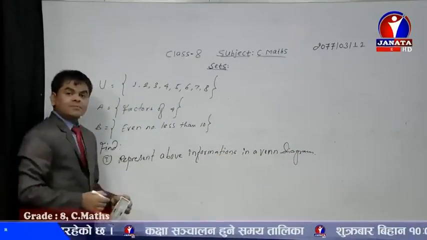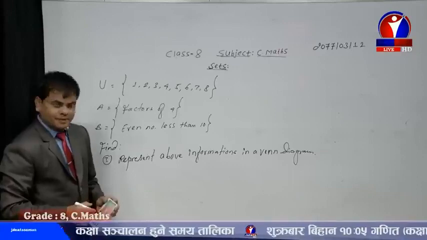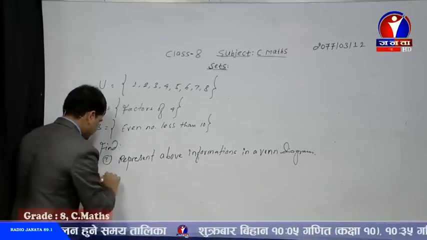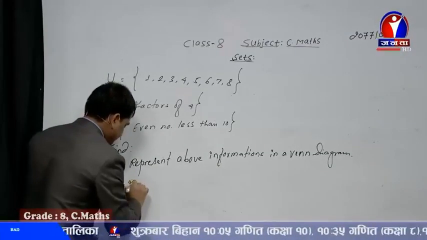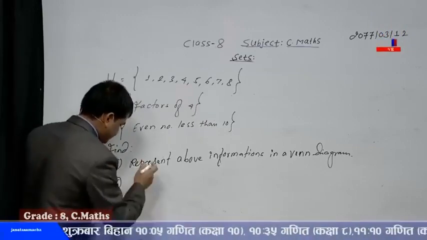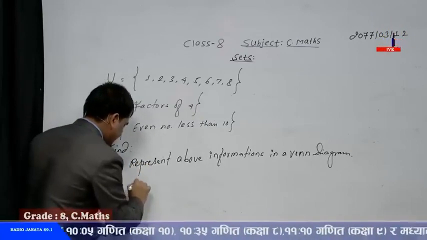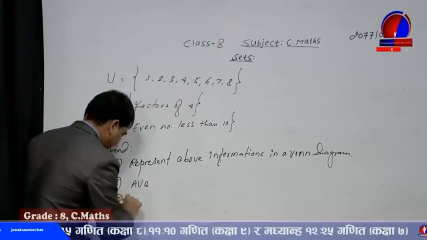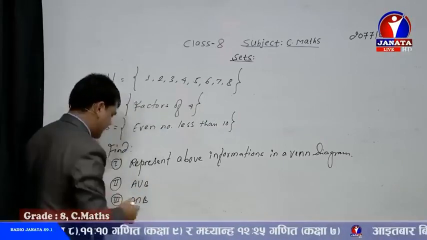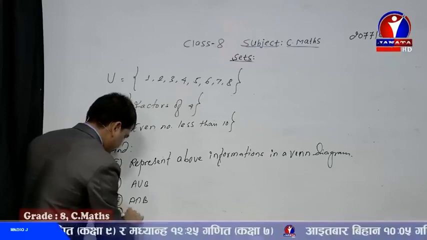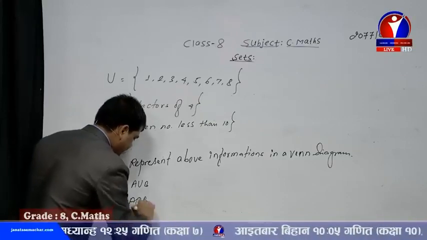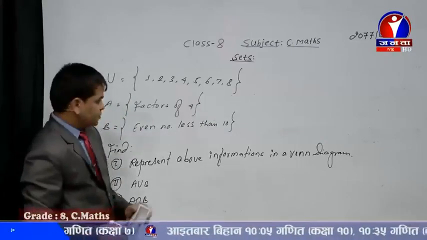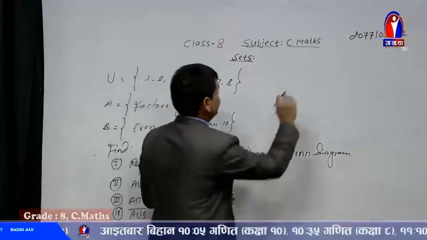Not only sometimes, most of the time you will be asked to prepare the Venn diagram, dear students. Number 2, find A union B. And then number 3, A intersection B. How to find out A intersection B? Number 4, A union B complement. So let's represent this information in a Venn diagram, dear students.